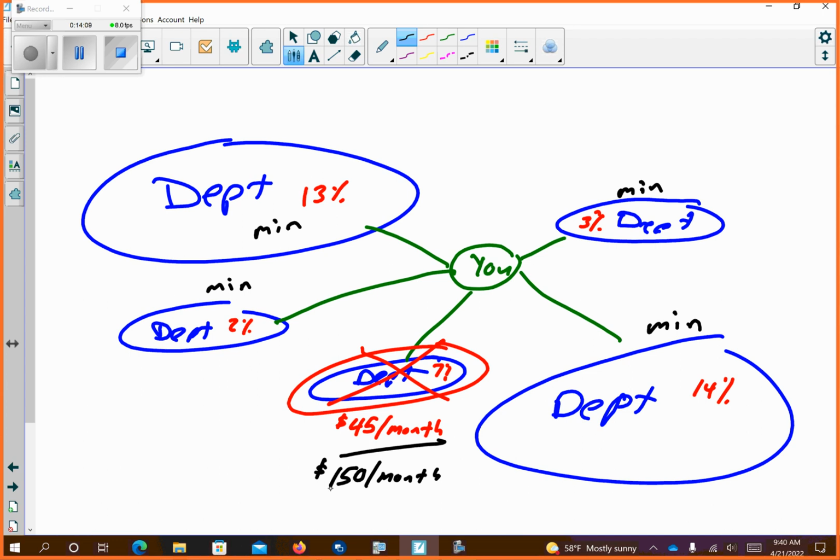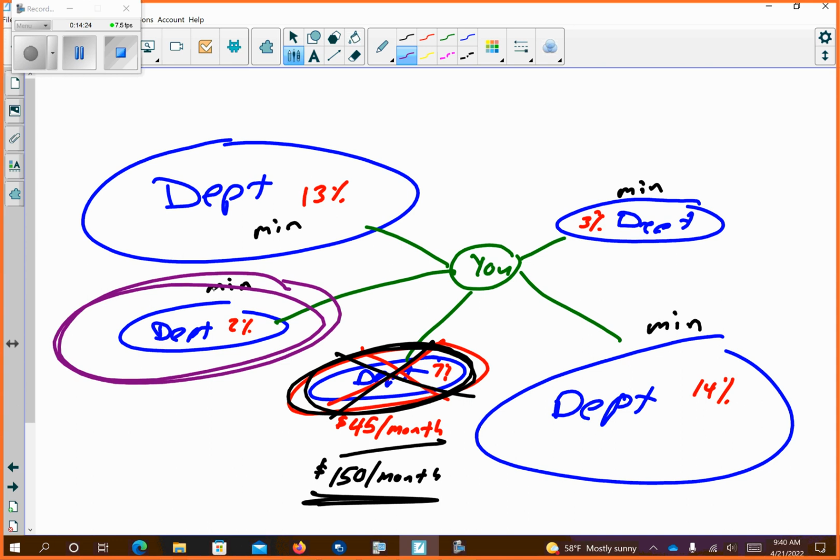So once this gets paid, because you increased your payment, you're going to find the next value that you owe. So let's say this is my next account. Now you have that minimum payment, so you're going to do the minimum payment plus this payment to get this paid down. Okay? And you're really just increasing this.